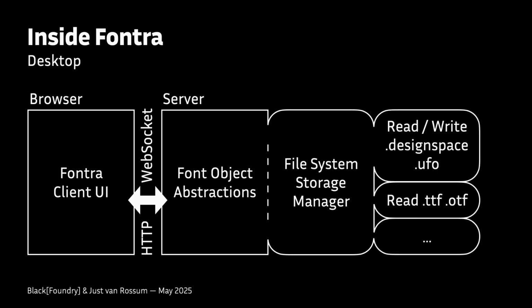That can be configured in multiple ways. So for instance, there's a component called the file system storage manager that can read and write designspace and UFO. To some extent, Glyphs files. It can read TTF and OTF. And it can also read and write Fontra's own native format called .fontra.